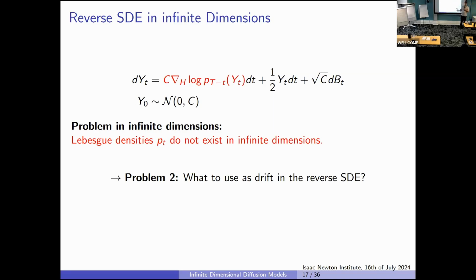So in finite dimensions, what we did, we had the Lebesgue densities PT at each time here, and we were taking some gradient of them. But in infinite dimensions, because you don't have a Lebesgue measure, you also don't have Lebesgue densities. So it's not really clear how to make sense of this term. I mean, we saw one way today in the morning already, but I will show a bit of a different way, which works because we have a quite simple forward SDE here.